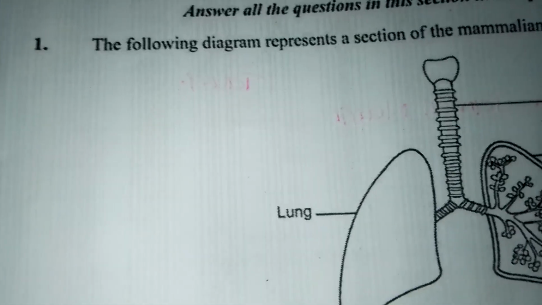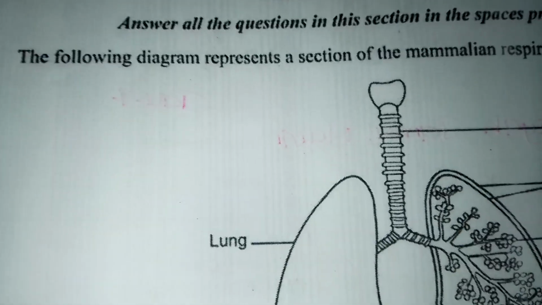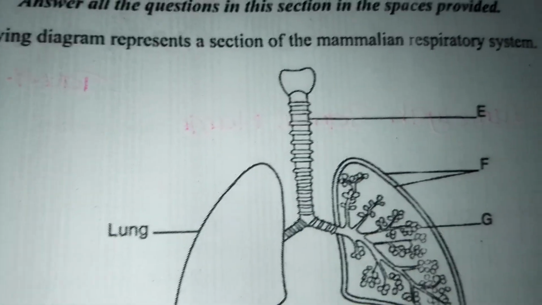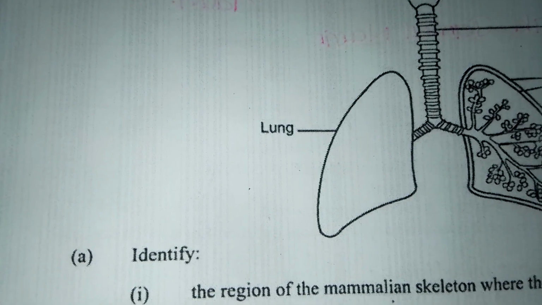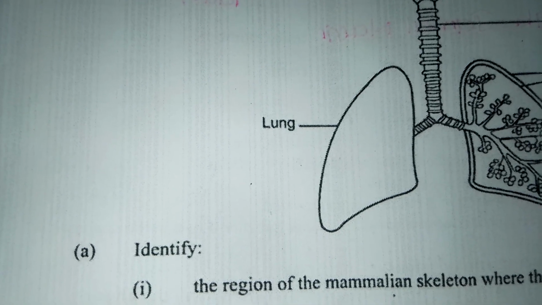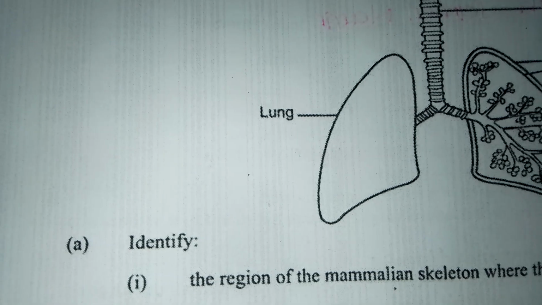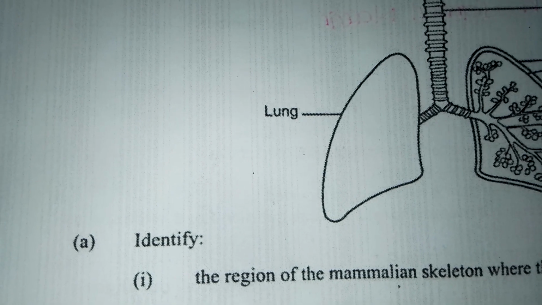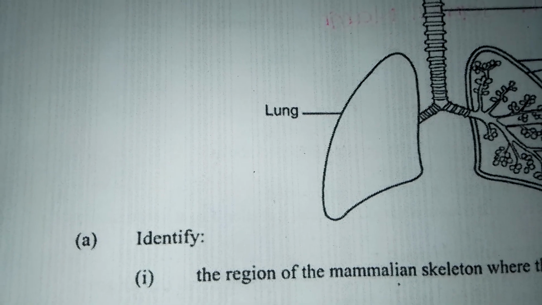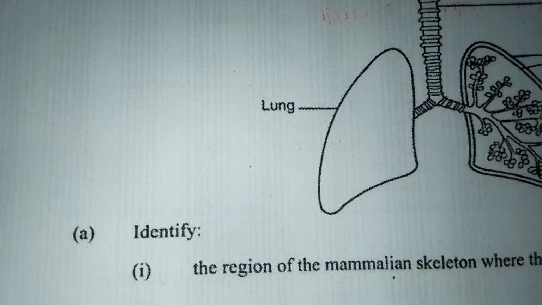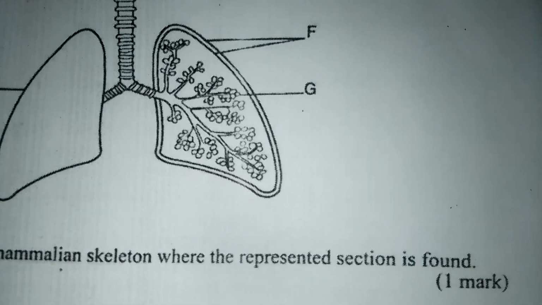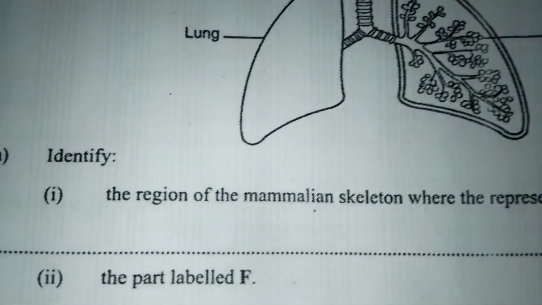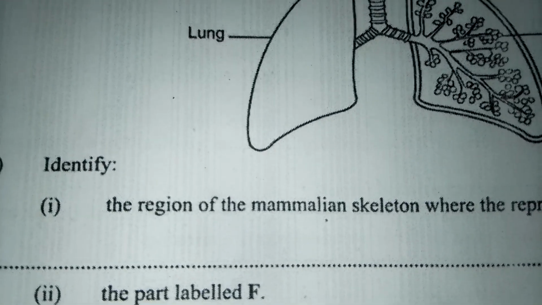So question 1, you are requested to identify, Roman 1, the region of the mammalian skeleton where the represented section is found. So you're supposed to answer that.